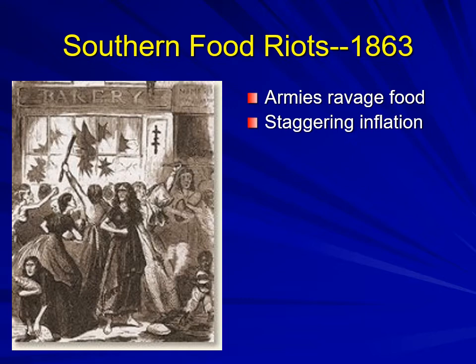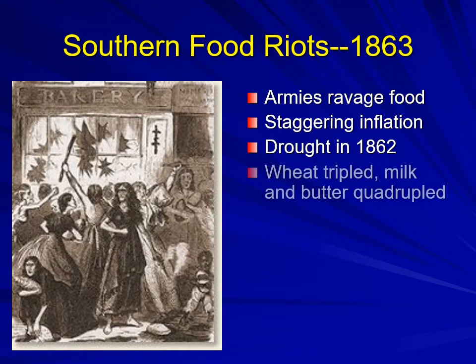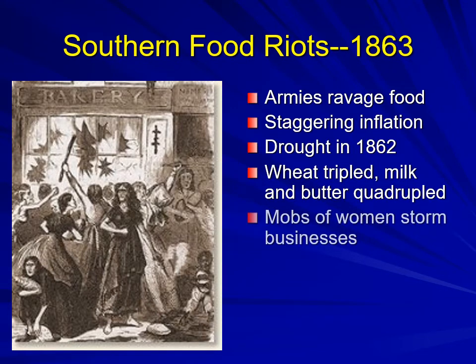Southern armies often confiscated the food grown on small farms, and so food was scarce. There was a drought in 1862 that meant that less food was produced, and so you had scarcity, and that meant rising prices for basic commodities, bread, milk, butter, and a starving population by early 1863.